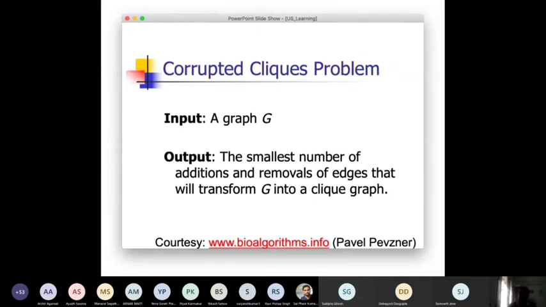That means just addition and removal may not be sufficient, or if you do it, you can consider the smallest number, because there are various possibilities. Addition and removal is actually required because of this noise. If there is no noise, we assume that data are so strongly coupled and the clusters are so well defined that you get those cliques.